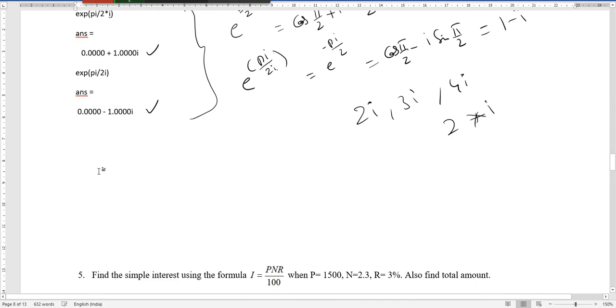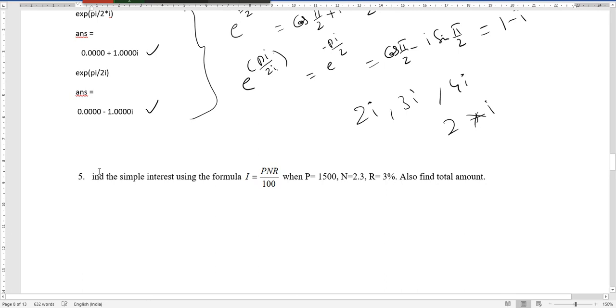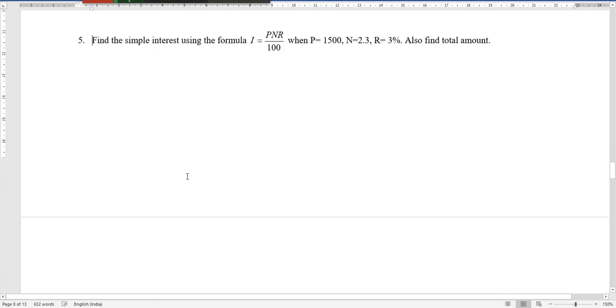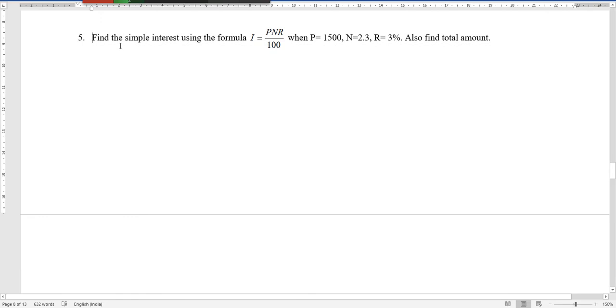Now coming to the fifth question. Okay, we will discuss all the questions one by one. So now, find the simple interest using the formula I equals PNR by 100. Very simple question. The P value is given, N value is given, R value is given.